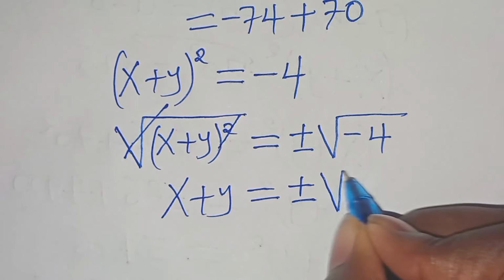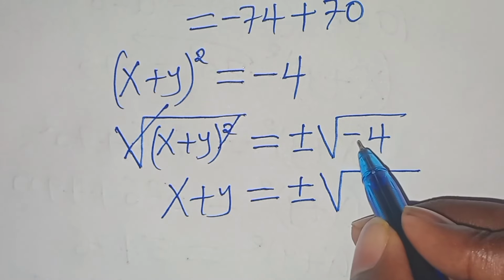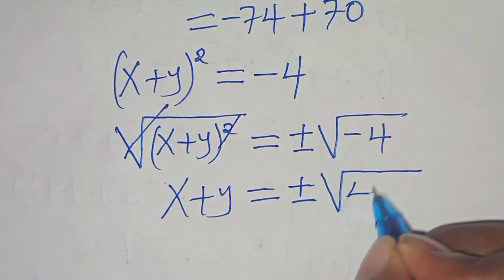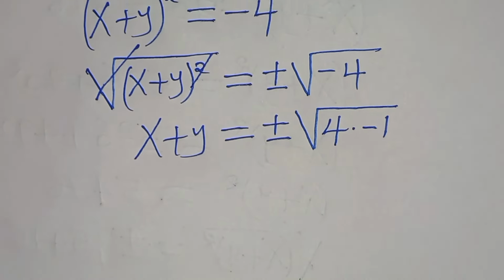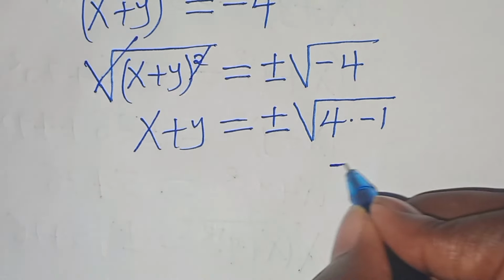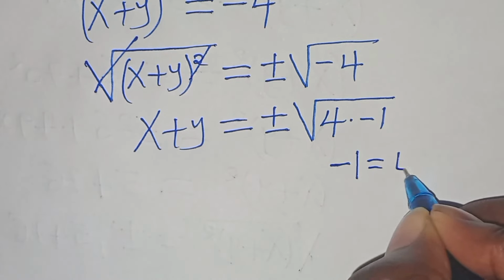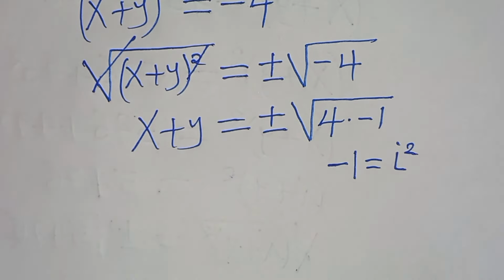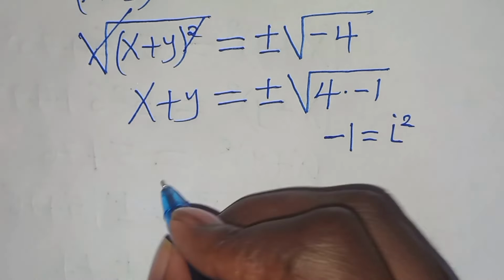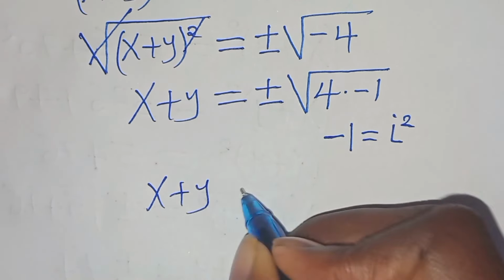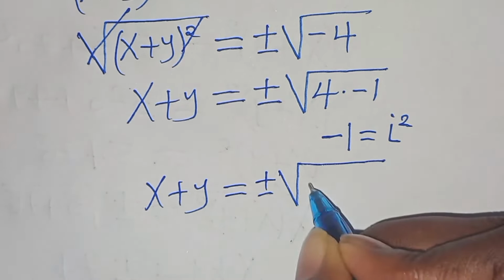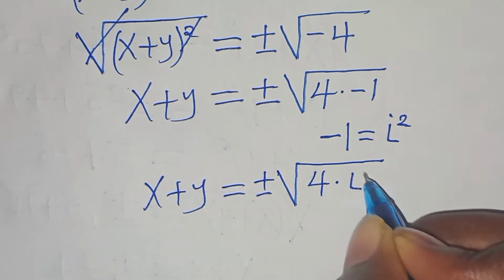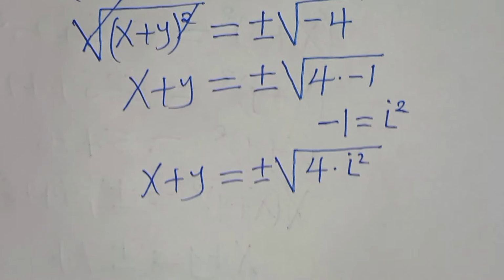We can express the square root of minus 4 as the square root of 4 times minus 1. Now, if you recall, minus 1 is the same thing as i squared. So here we have x plus y equal to plus or minus the square root of 4 multiplied by i squared.